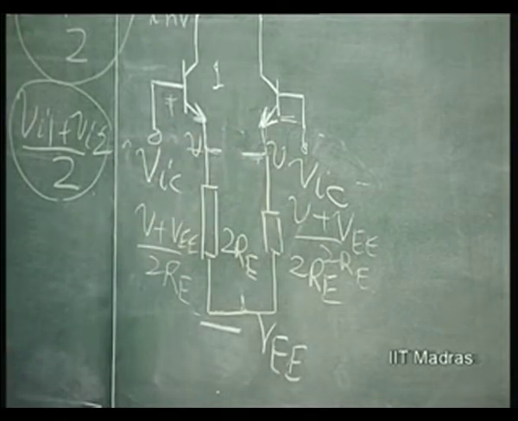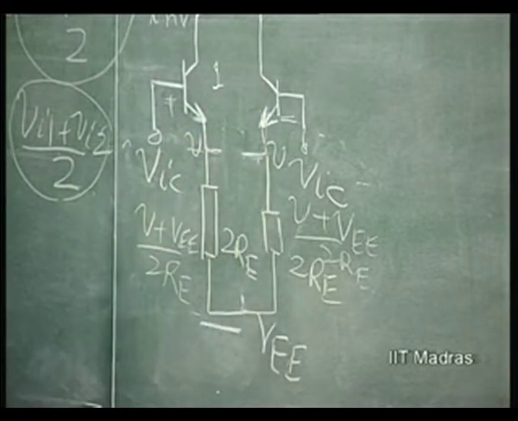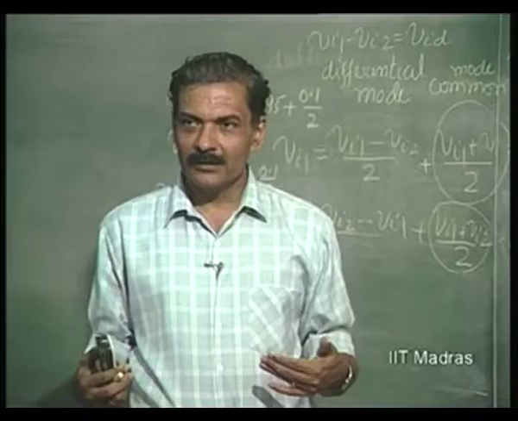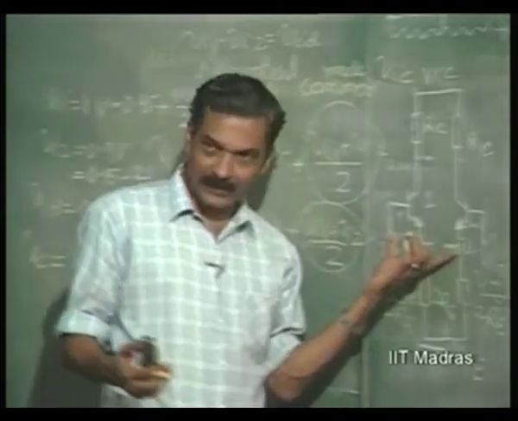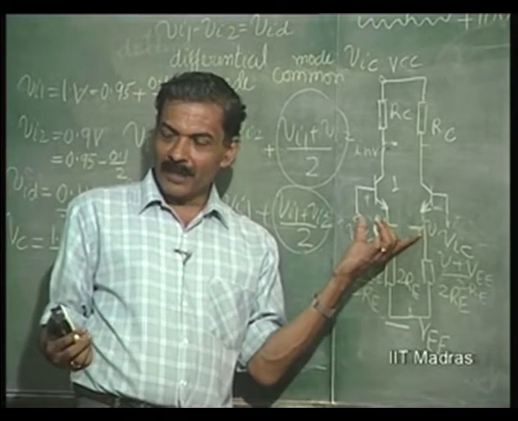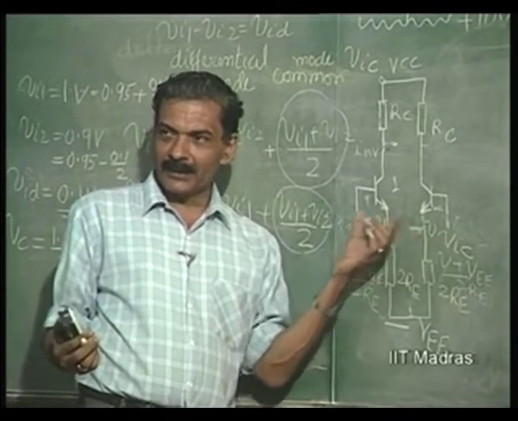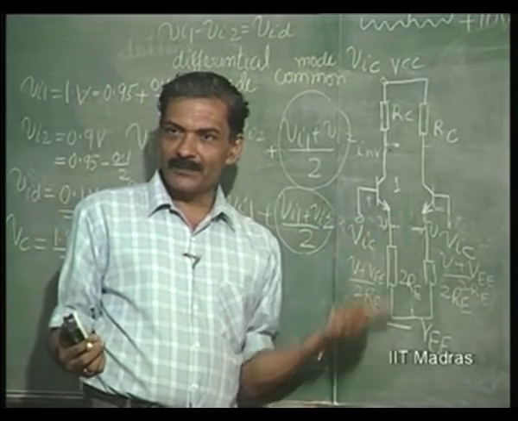Nothing has happened. I can now, therefore, separate them into two identical circuits, which are circuits we have analyzed earlier using a single transistor. So, the differential transistor pair can be split into two single transistor circuits for common mode voltage in this fashion.